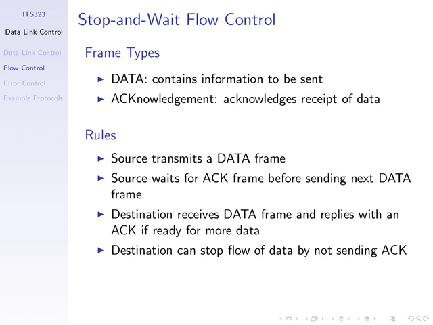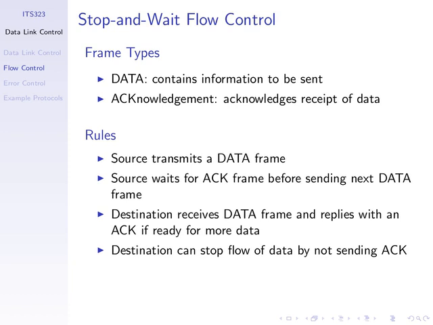The most basic flow control protocol is called stop and wait flow control. It's very simple. Remember, flow control is the sender cannot send too fast such that it overflows the receiver. That is, control the speed at which the sender sends so that it doesn't overflow the receiver.